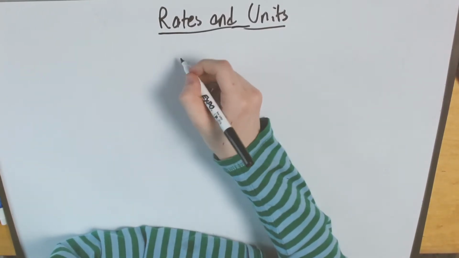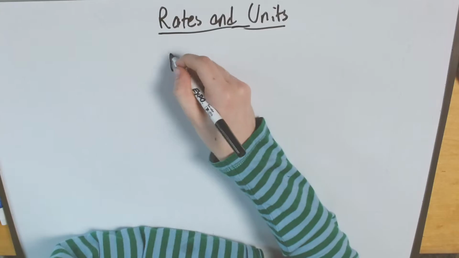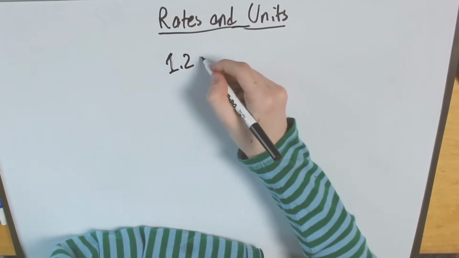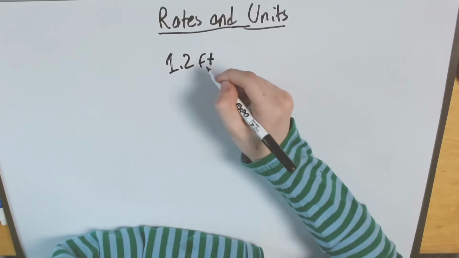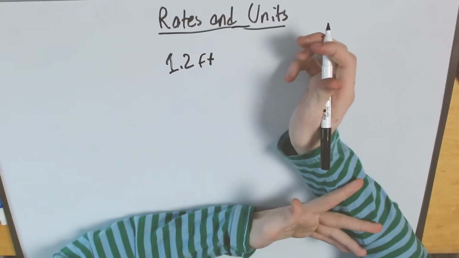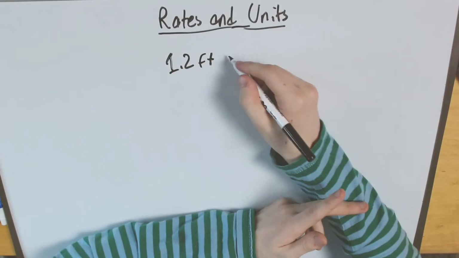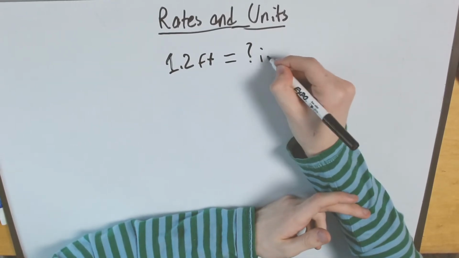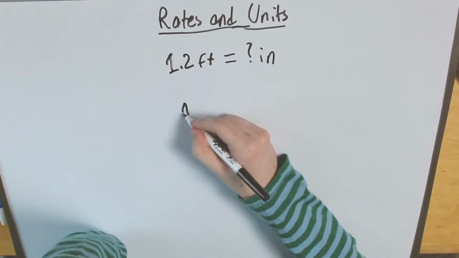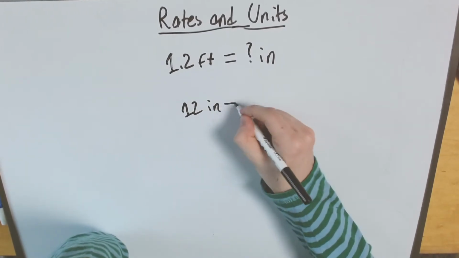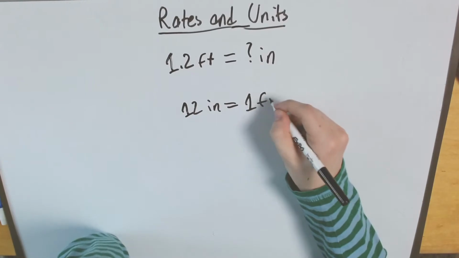Well, let's say my answer turned out to be 1.2 feet, and I want to convert that into inches. So what am I going to do? Well, I know that 12 inches is equal to 1 foot.